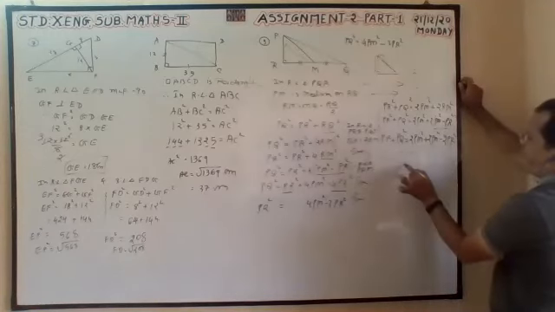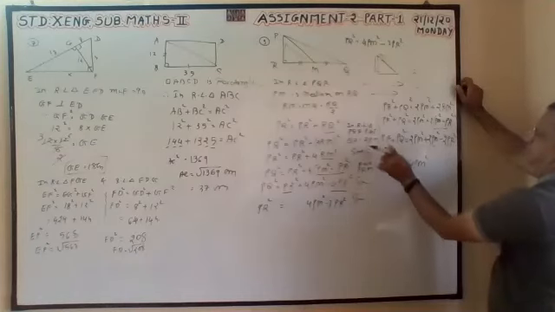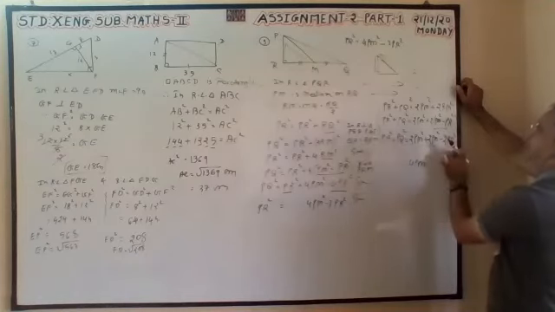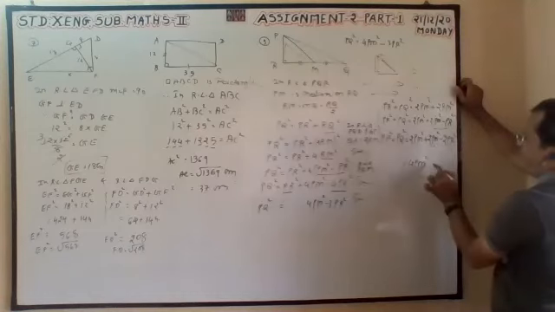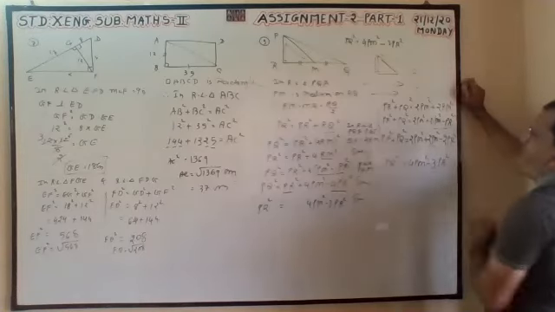So 2 plus 2, 4. This will go this side. PR goes this side. So 3 PR square is equal to PQ square.